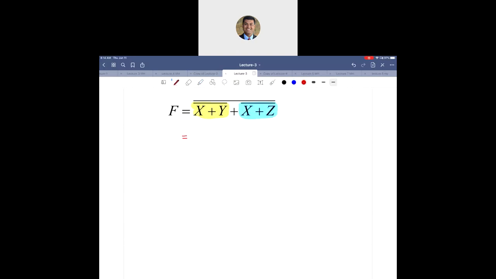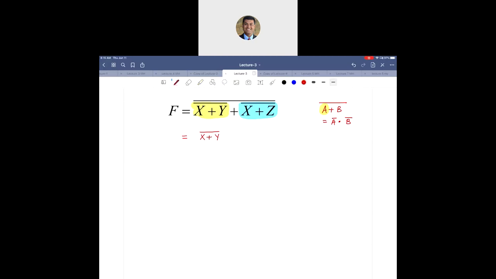When I simplify the first time, I have x or y complement, and then, sorry, I will not use x, instead I will use a or b complement is a complement and b complement. So I'm using that property right here. My a in this case is x nor y.